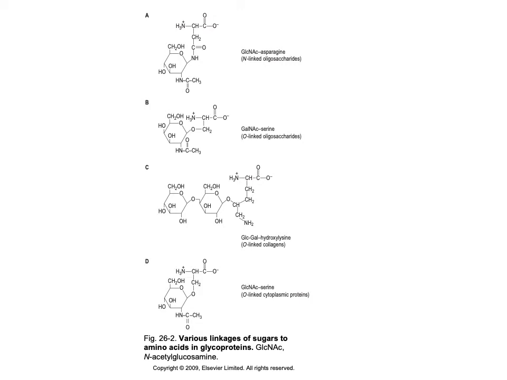In the top example, the N-acetylglucosamine is attached, and in the second example, N-acetylgalactosamine is attached. In the third example, C, there's a disaccharide attached to the hydroxylysine. And in the final example, another example of attaching a sugar to the hydroxyl group on serine.